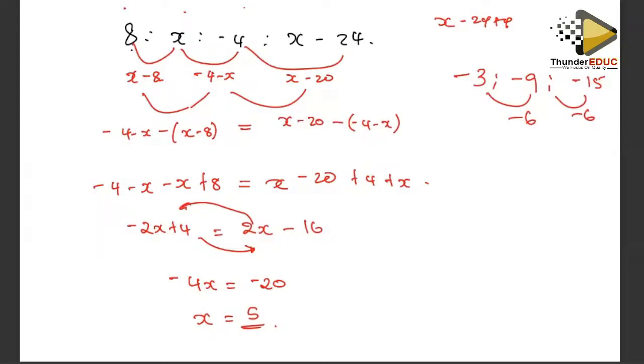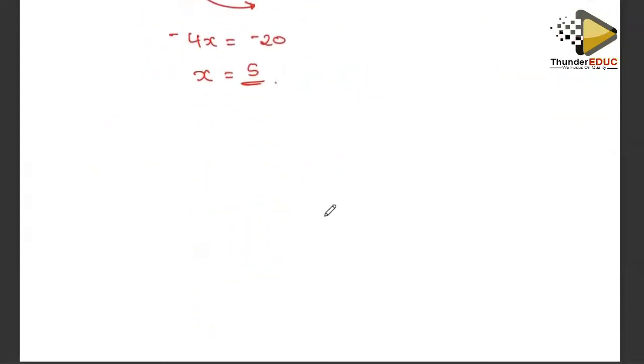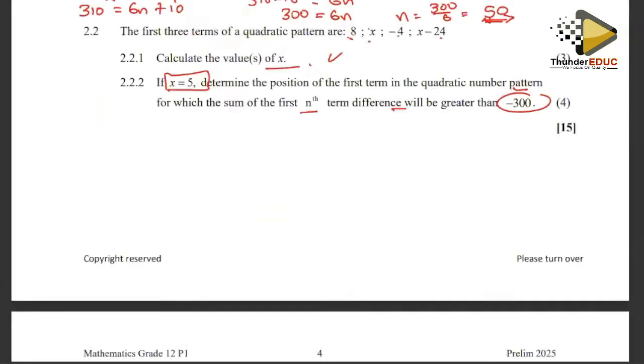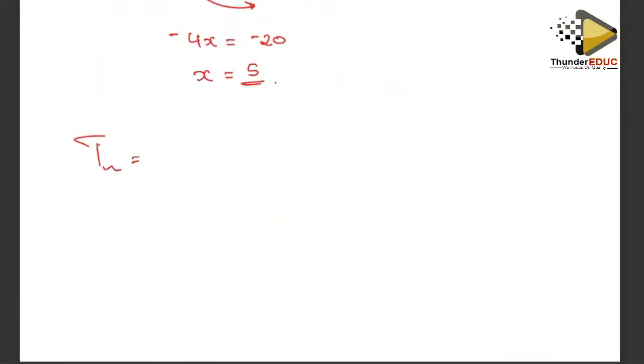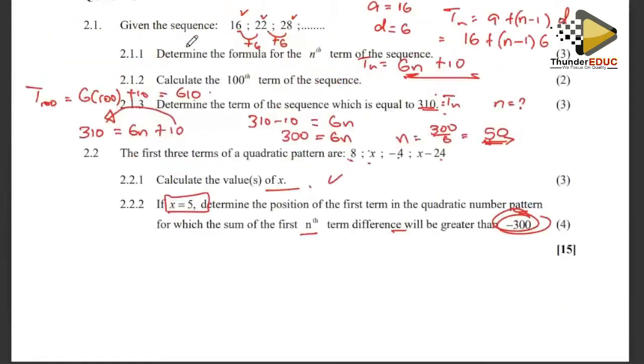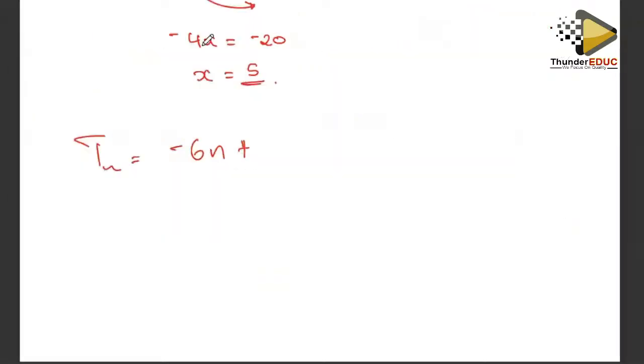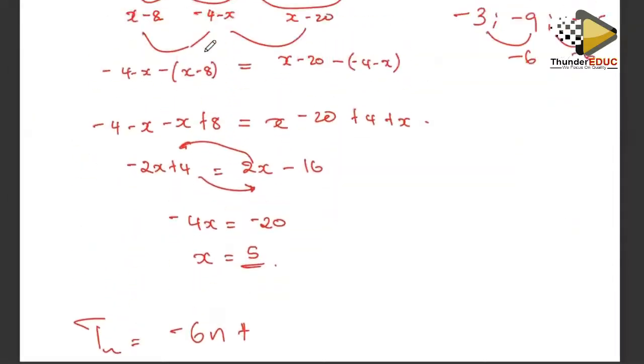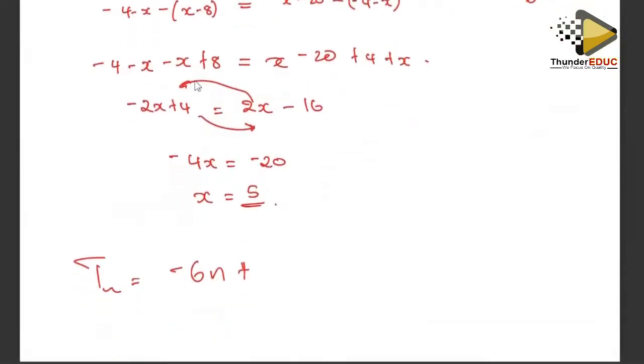Meaning that our Tn, do we need the Tn? Yeah, we need to get the position. So Tn is going to be negative 6n, plus, remember we said negative 6n plus 3.